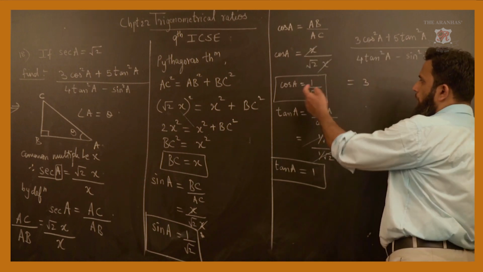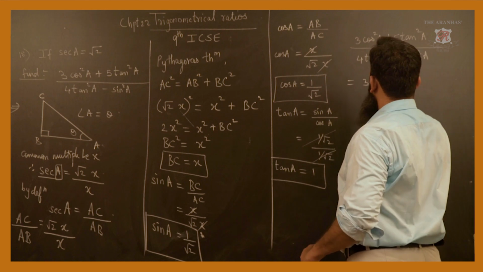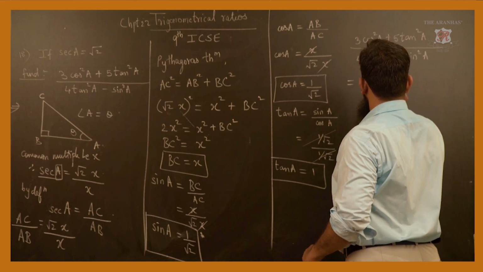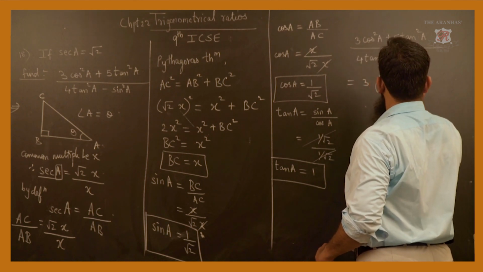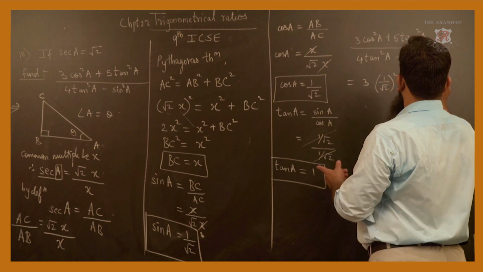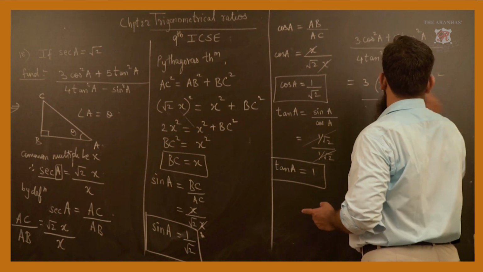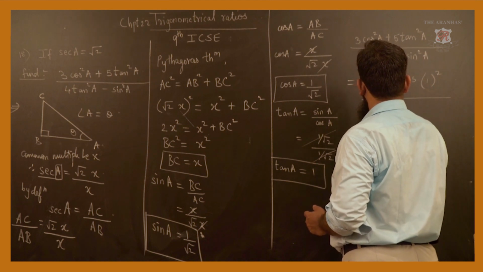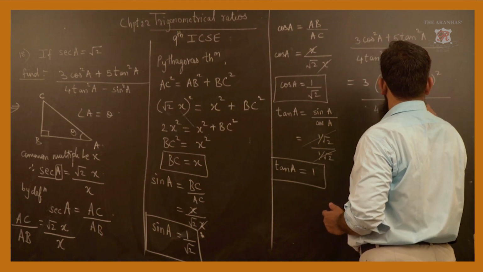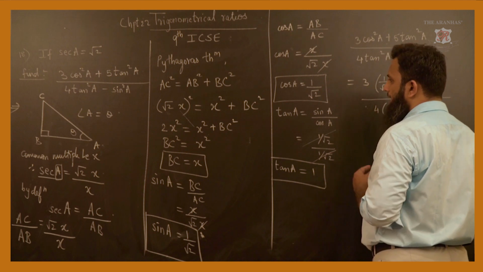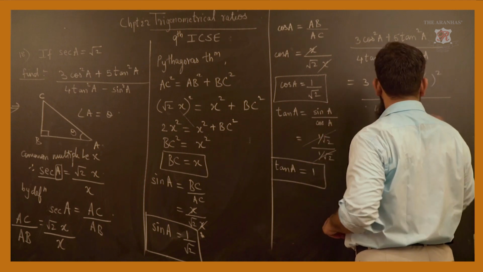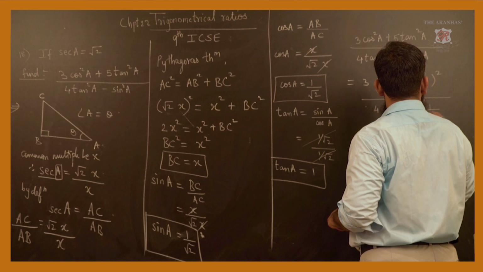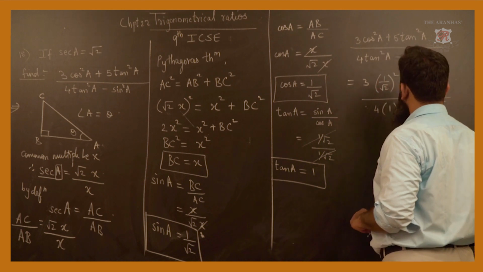Now cos A is 1 by root 2. So I will write it like this: 3 into 1 by root 2 the whole square plus 5, tan A is 1, so 1 square. Then 4, again tan A is 1, so 1 square, minus sin square A. Sin A is again 1 upon root 2 the whole square.